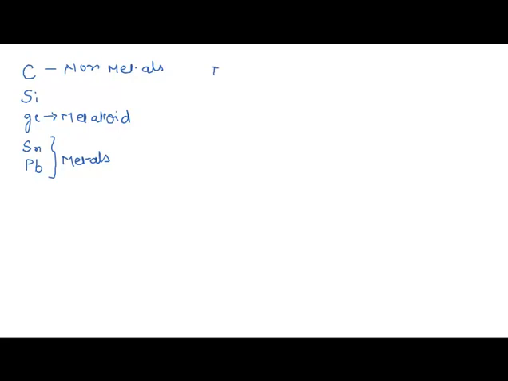Now I have told you that metals are what? Electropositive elements. Now what do you mean by an electropositive element? That it is forming a positive ion. That is, your metal is giving out electrons and it is forming a positive ion.